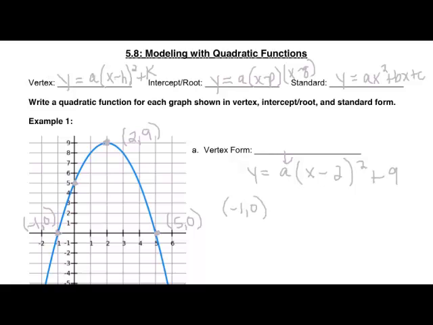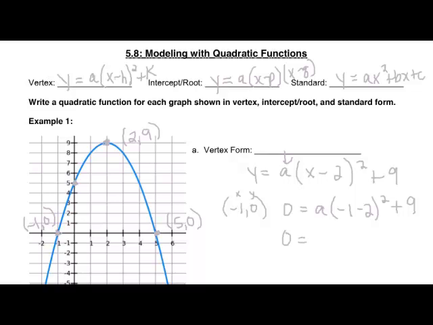So I'm going to plug in this for x and y into my equation that I've already created. So y is 0. So I have 0 equals a times (-1 minus 2) quantity squared plus 9.